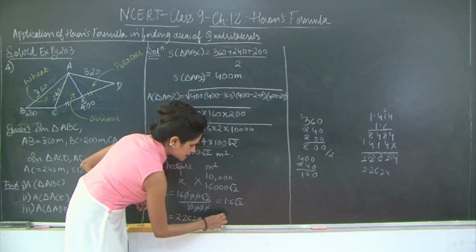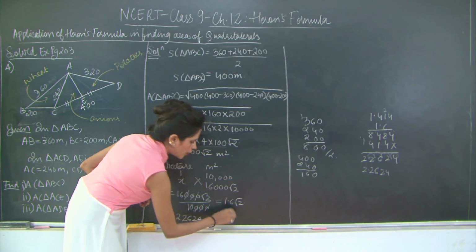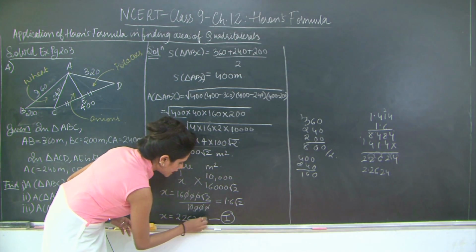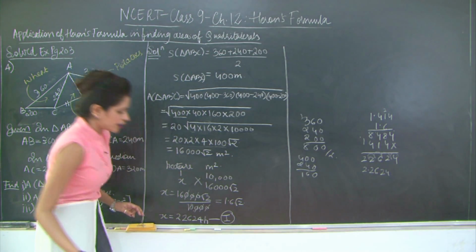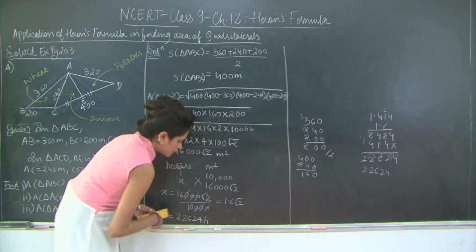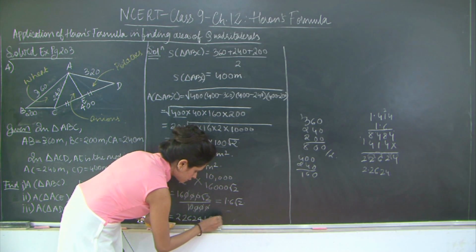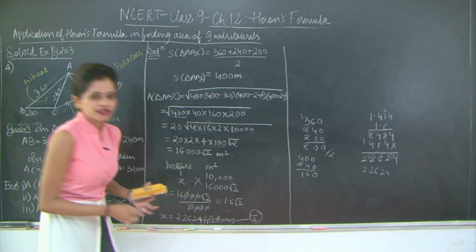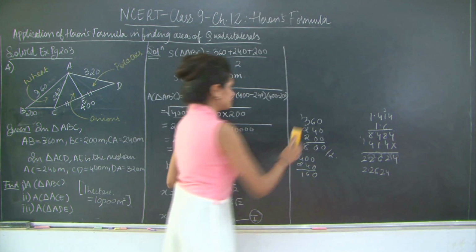I am just going to mark this as big Roman number 1 so that we can write the answer towards the end. This is big Roman number 1 because it's the area of triangle ABC.